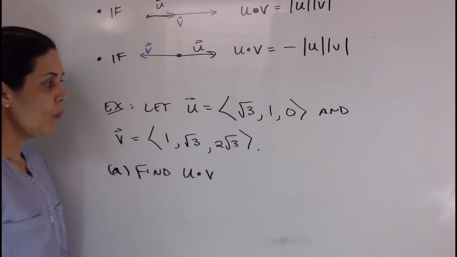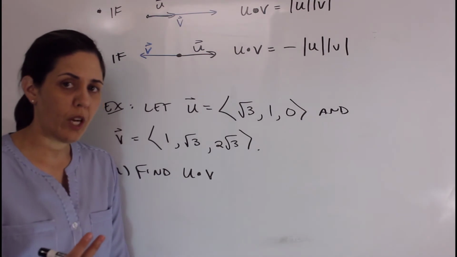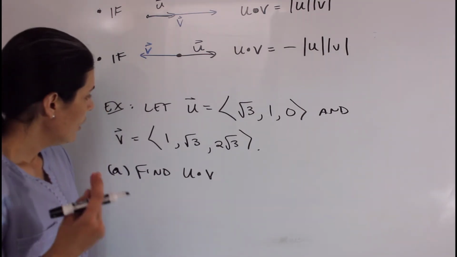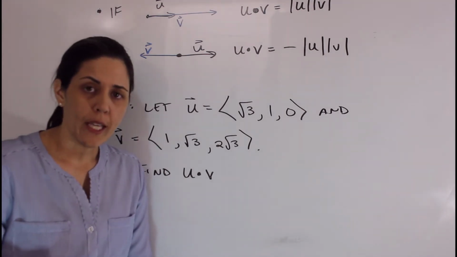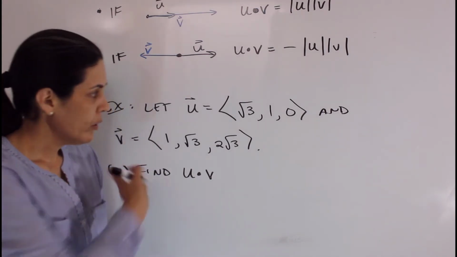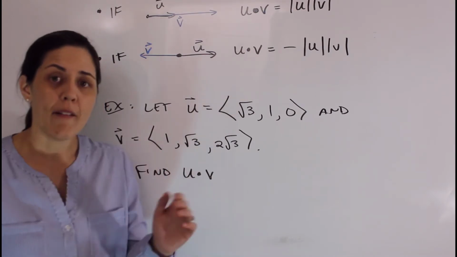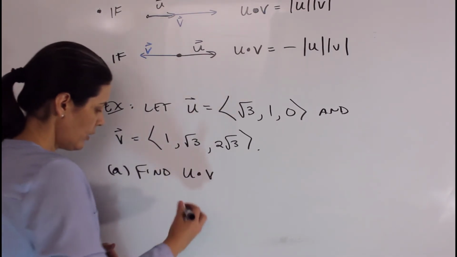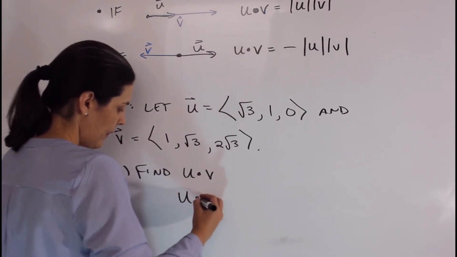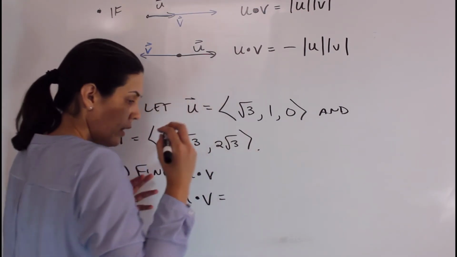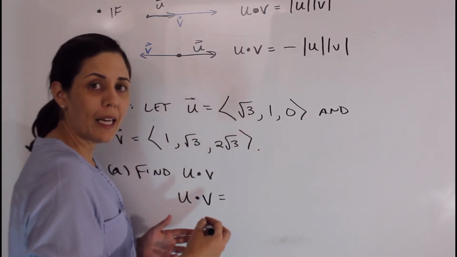Well, you had two formulas for dot product we just went over. One required that we knew the angle and the magnitudes. We don't know anything about the angle between these vectors, but we do know the components, so we're going to use that version of the formula. So this dot product, u dot v, is just going to be the components multiplied and added.